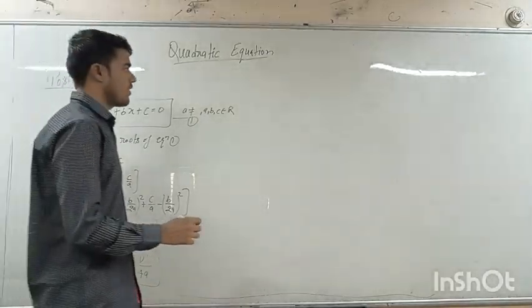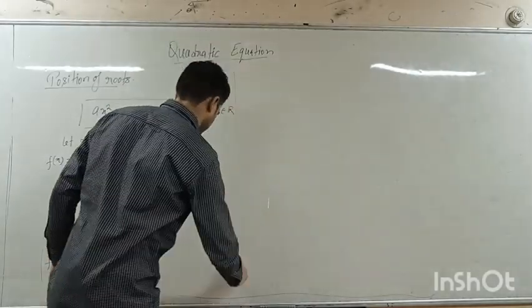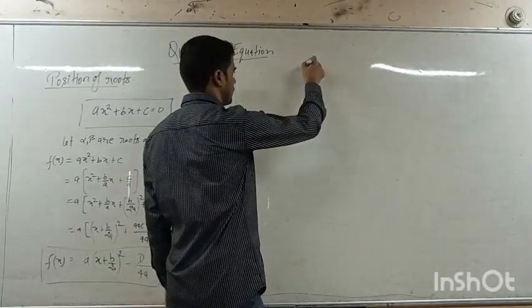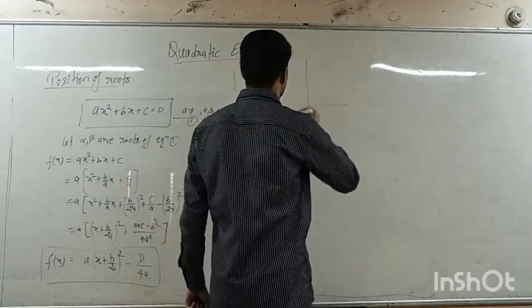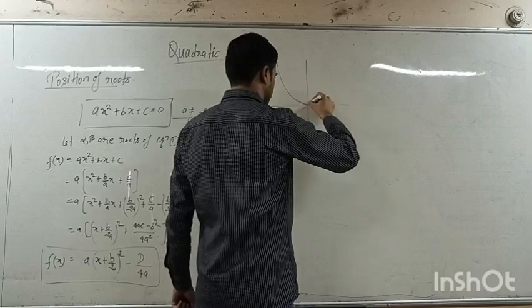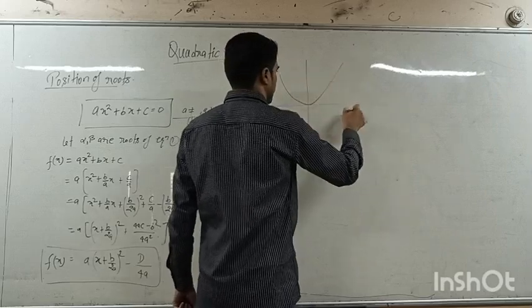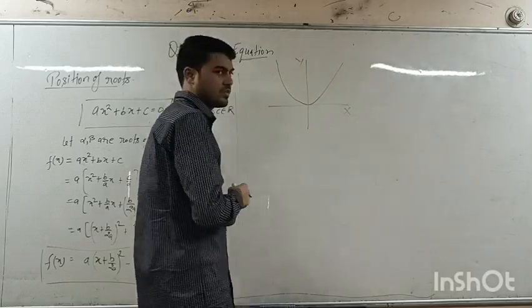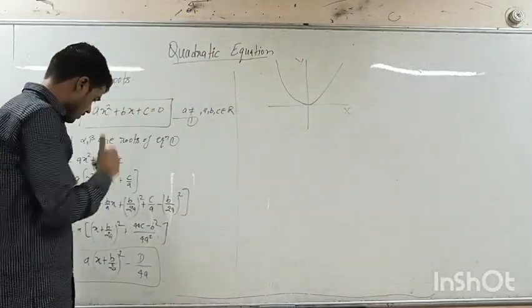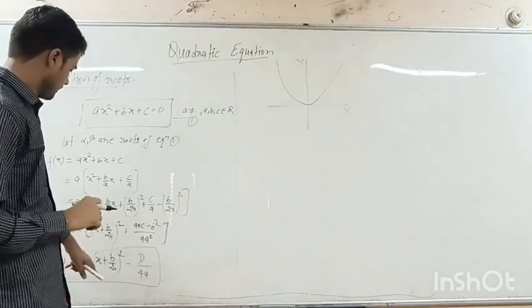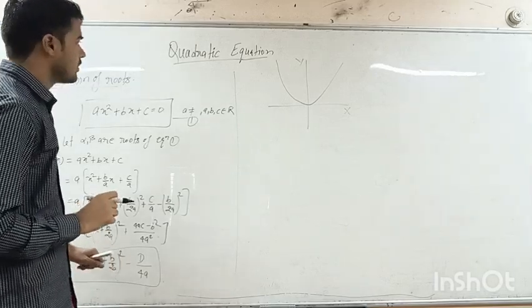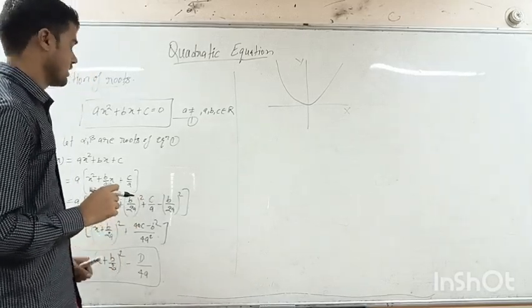So we know the graph of x square. What is the graph of x square? The graph of x square is like that, with x-axis and y-axis. With the same transformation, we can draw the graph of f(x).